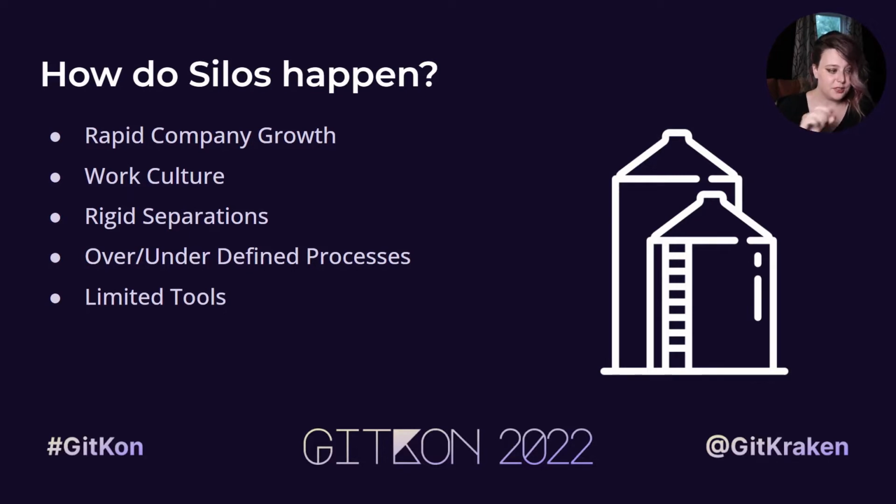The inverse of that is when we over-define a process. What we can expect to happen is people spend too much time and energy and ultimately money trying to adhere to very strict processes. And those processes can often work better for one team versus another. So it tends to benefit one silo over the others.